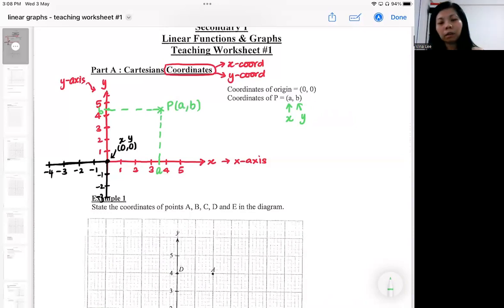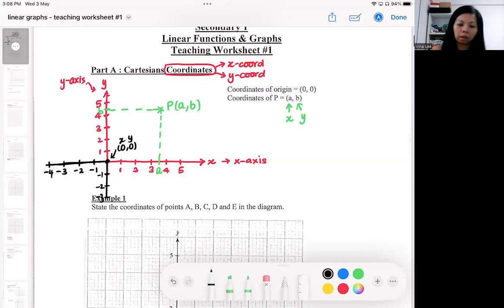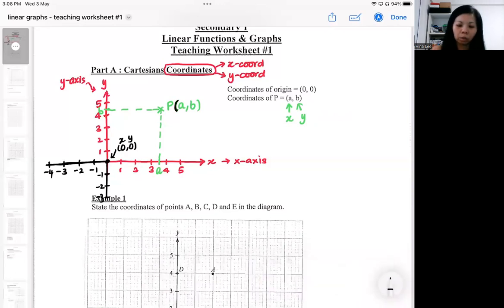If you're wondering, is it always x first then y? Yes, it's always the x coordinate first and then the y coordinate. It will not be the other way around. Some students make this kind of careless mistake. Look at the way we write coordinates: there is a bracket, which a lot of people never write, and then there is a comma.